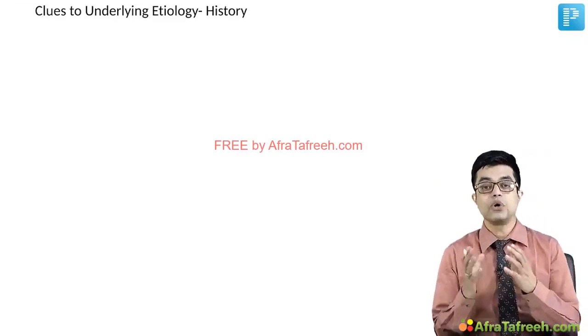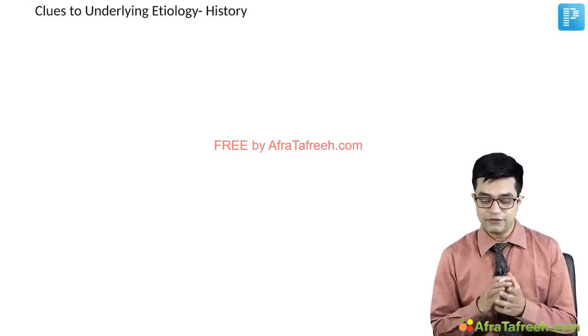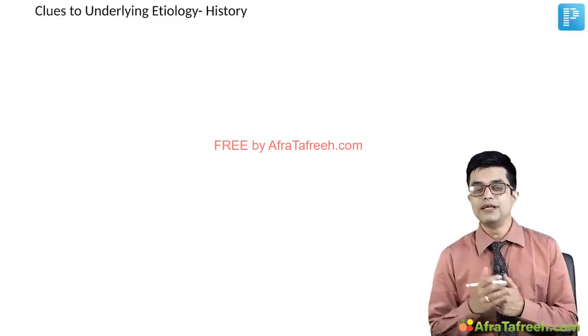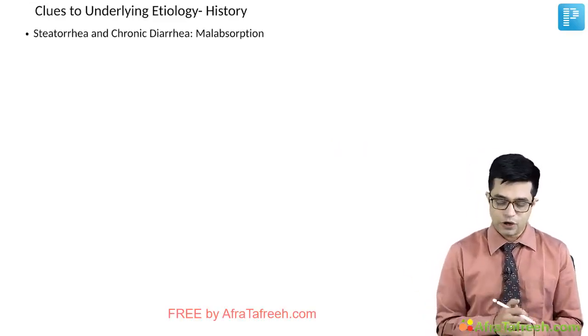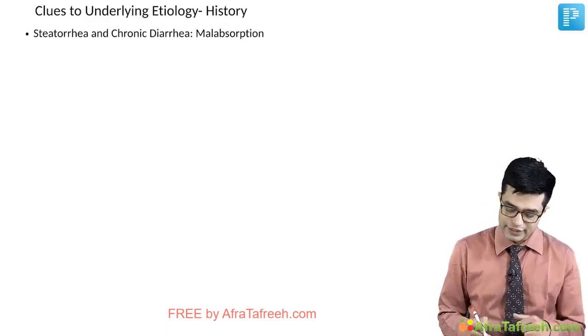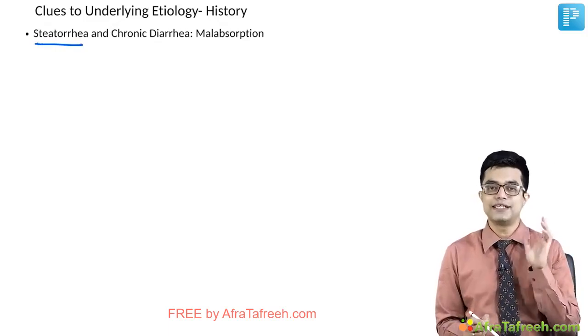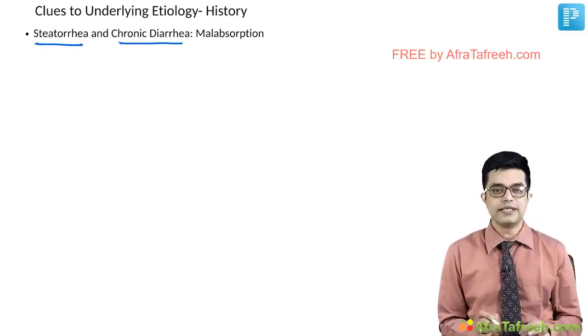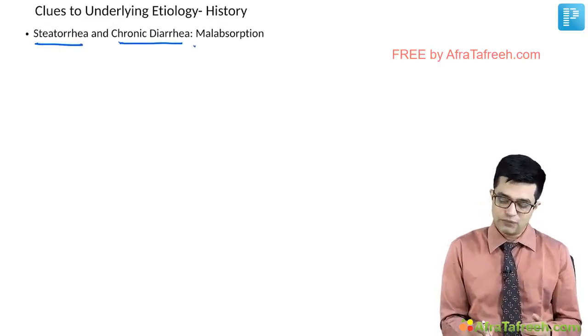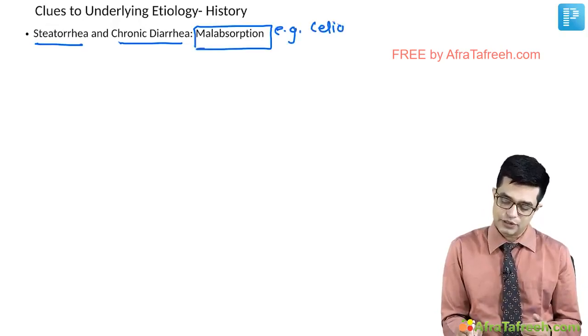What are the points in the history which will tell you that this could be the likely possibility? If on history you find the patient is having steatorrhea, that is bulky, foul-smelling, sticky stools, or there is chronic diarrhea in the patient, you will think of malabsorption, for example, celiac disease, as the likely possibility.